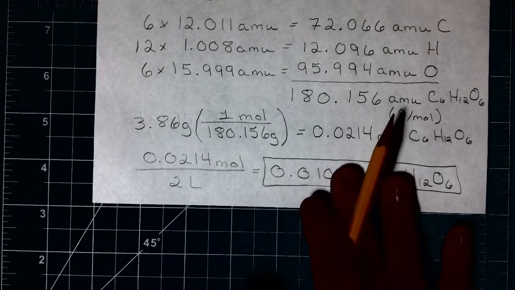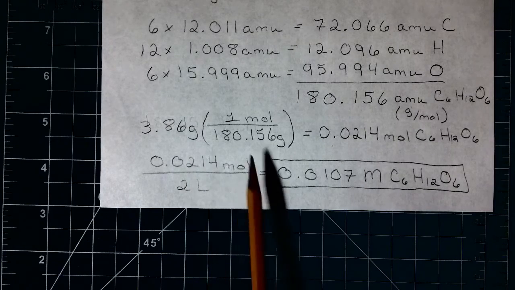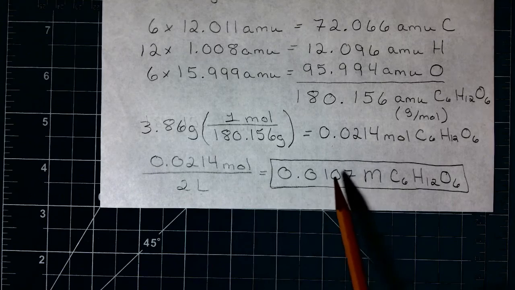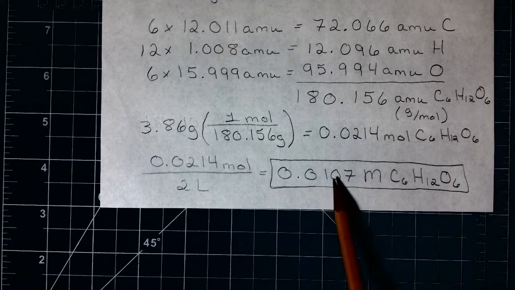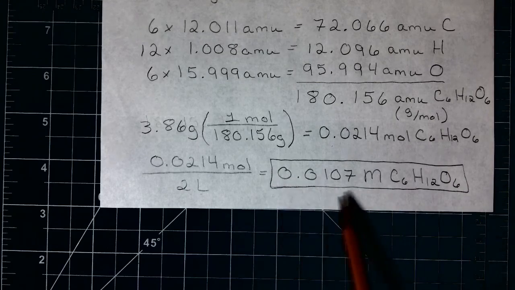Now that we know the moles of sugar, all we need to do is take those moles and divide it by the volume of the solution in liters. In this case, there's 2 liters, and we get that there is a 0.0107 molar solution of sugar.